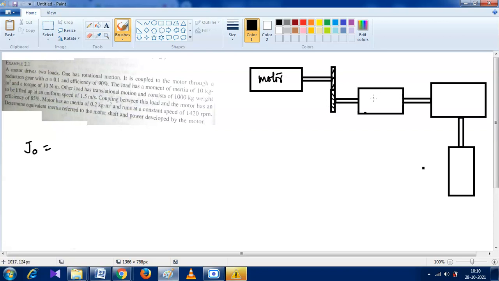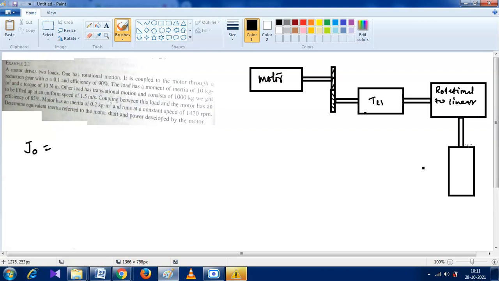This is first load, TL1, and this is basically a transmission by which we can convert the rotational motion to linear motion.